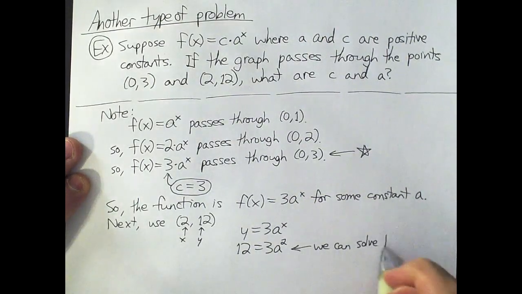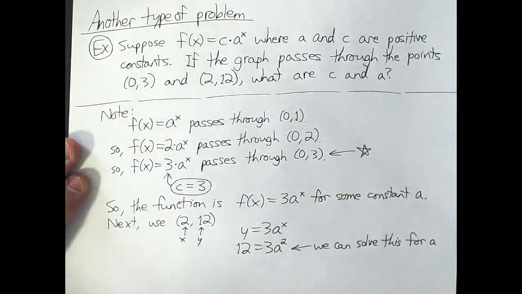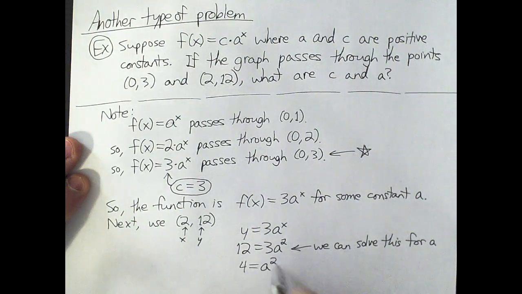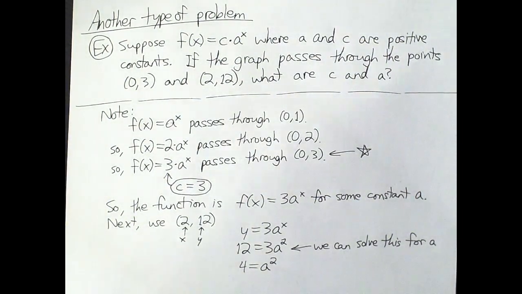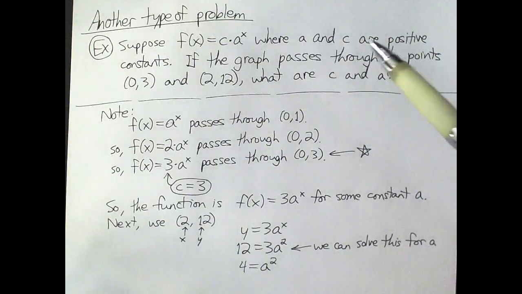We can solve this for a. Divide both sides by 3. You get 4 equals a squared. And then we need to take the square root of both sides. Ordinarily, when you take the square root of both sides, you expect to get a plus or minus symbol, like a equals plus or minus 2. But remember, the problem told us a and c are both positive.